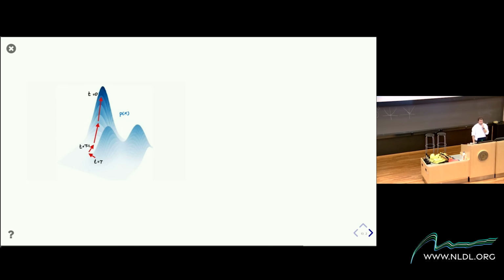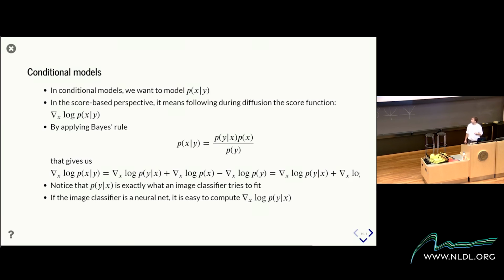And here is where conditional models come into play. So what we want to do is condition the generation of our image X based on some input Y, where Y could be, for example, the string "bag", okay? So we want to get an image X of a bag given a string that says "bag".